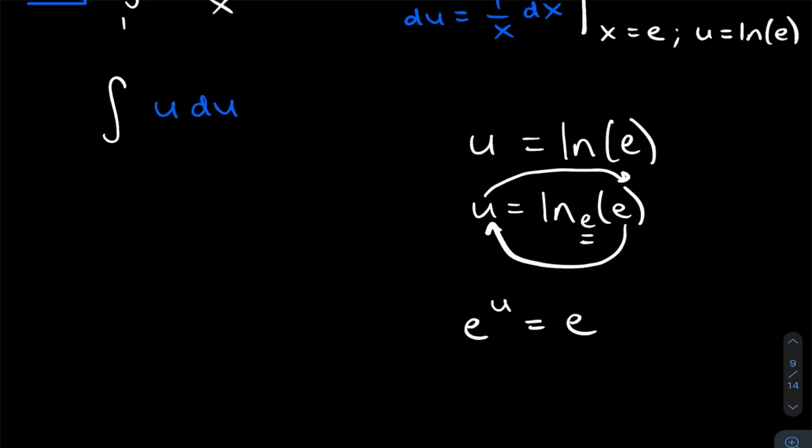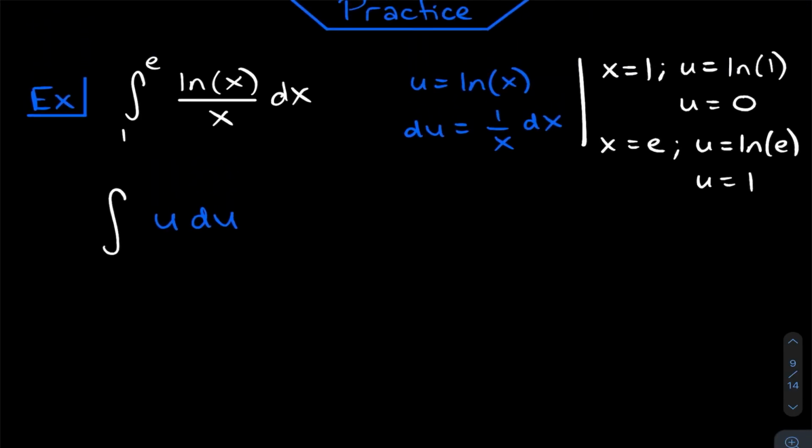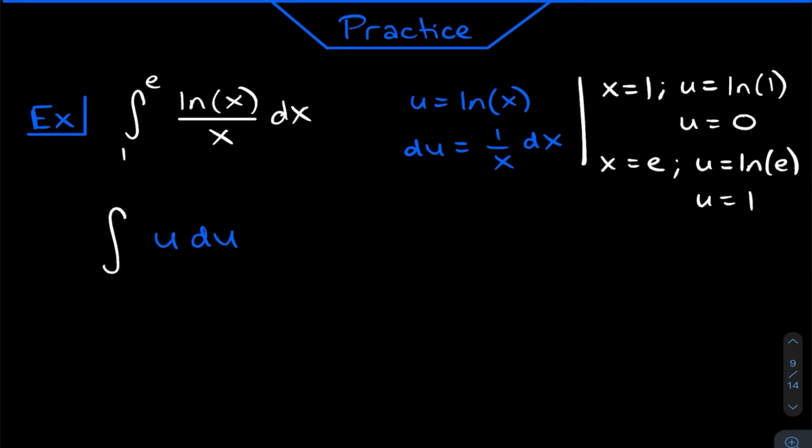So really what this is asking is, e to what power is e? And you know that's 1. So u here is 1, so the natural log of e is 1. That's how you do that. Of course, I would just memorize that the natural log of e is 1, or if you had a calculator, you would have solved that 5 minutes ago. So our new bounds are from 0 to 1.